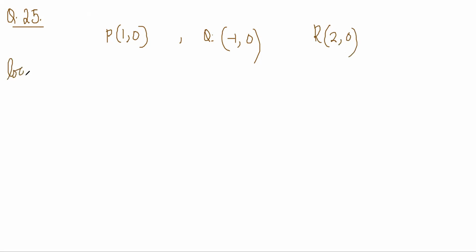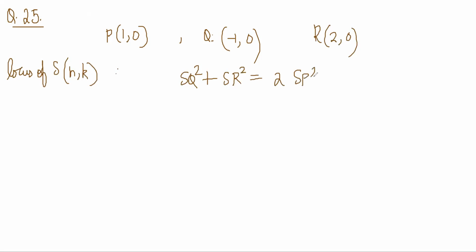Like P is 1 comma 0, Q is minus 1 comma 0, and R is 2 comma 0. Locus of S, let's say it is H comma K, which satisfies what equation? SQ square plus SR square is equal to 2SP square.